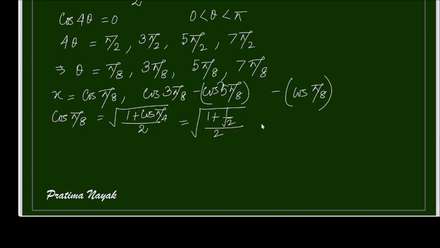So that will be root 2 plus 1 by 2 root 2. Now on simplifying, I'll get square root of 2 plus root 2, by 2.